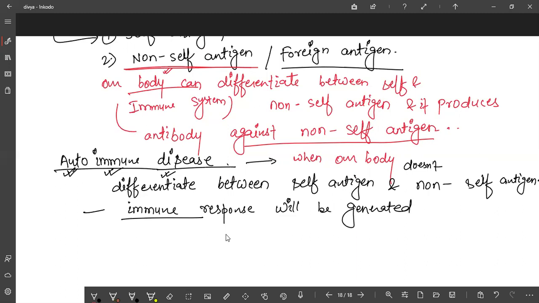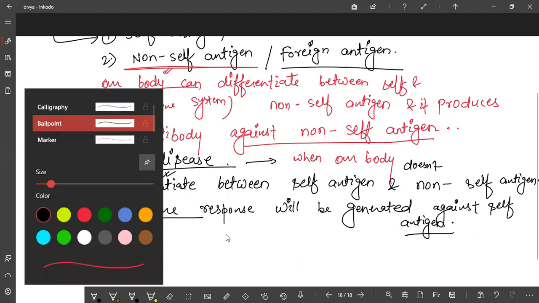Immune response will be generated against what? Foreign antigen or self antigen? Self antigen. It may be due to a genetic disease or some other factor may be responsible for this. So immune response will be generated against self antigen. And what will happen in that case? Autoimmune disease will take place.